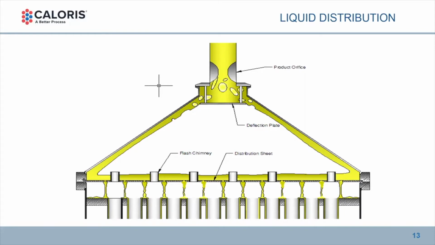So we've got to have some chimneys or some place for that vapor to get out. We also have to make sure that we've properly designed that distributor plate to maintain a uniform liquid level at all times. If your liquid level isn't deep enough, then you're going to have sections of the plate that are going to run shallow and are starved for product.